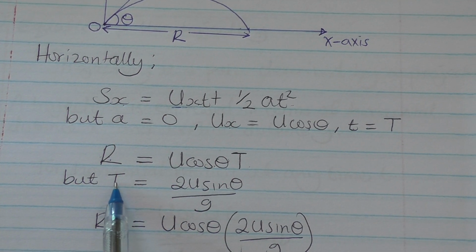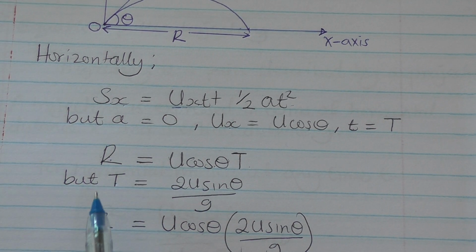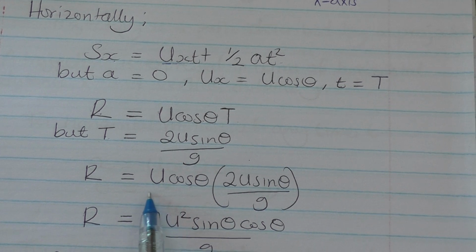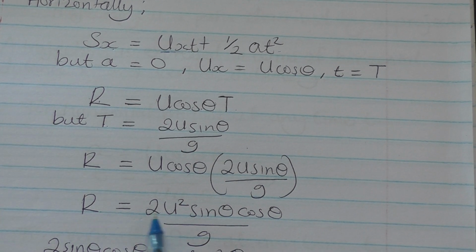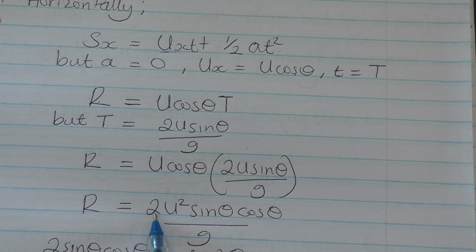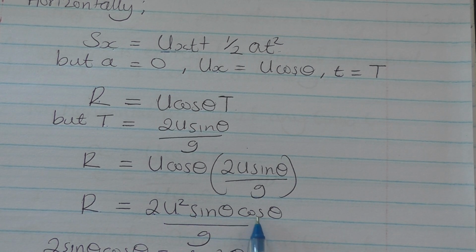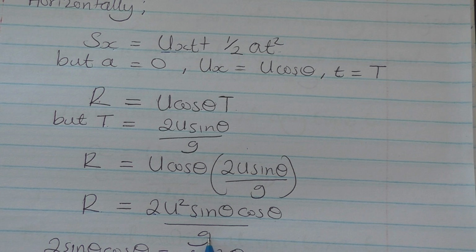But we shall substitute for t since it is time of flight and we have got its formula. So when we substitute, we end up with the range equaling 2u squared sine theta cos theta over g.